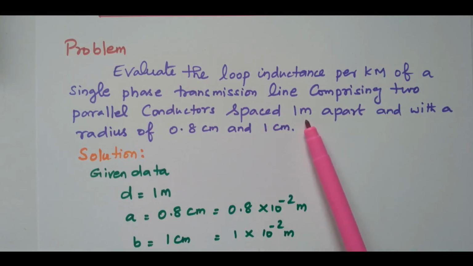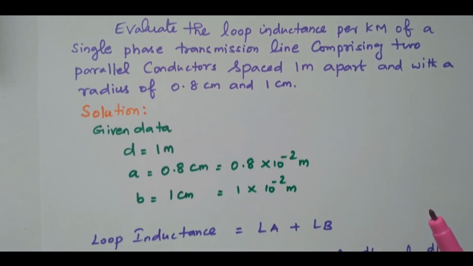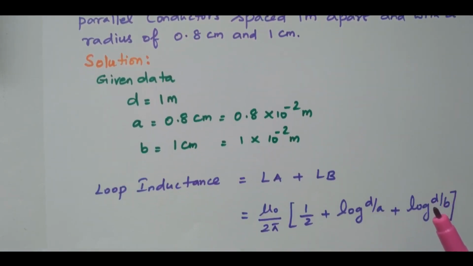The distance between the conductors is 1 meter and the radius of these two conductors is 0.8 centimeter and 1 centimeter. Right? So the radius of the first conductor, radius of the second conductor, and distance between the conductors are all available. We'll see the given data.